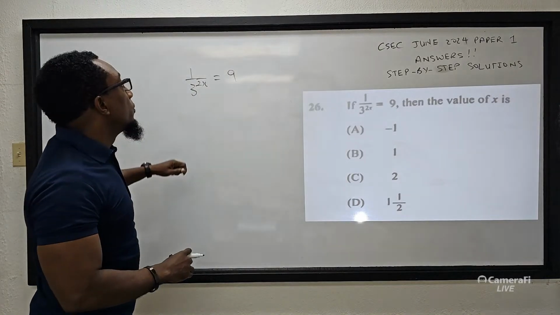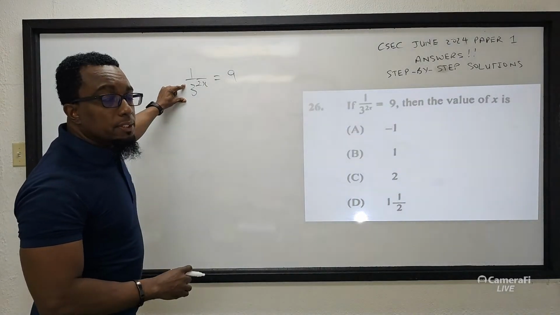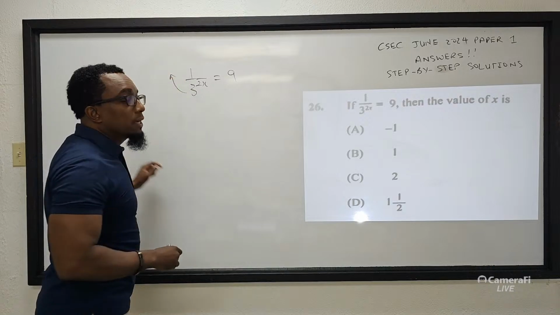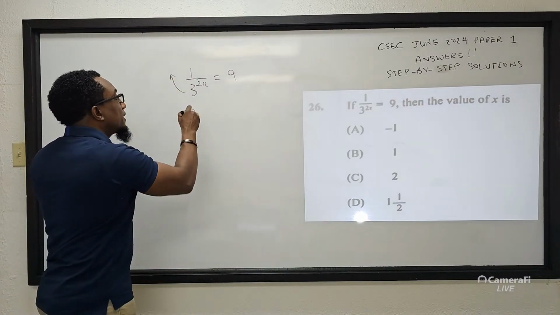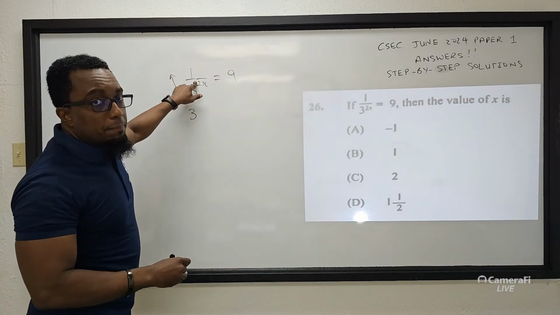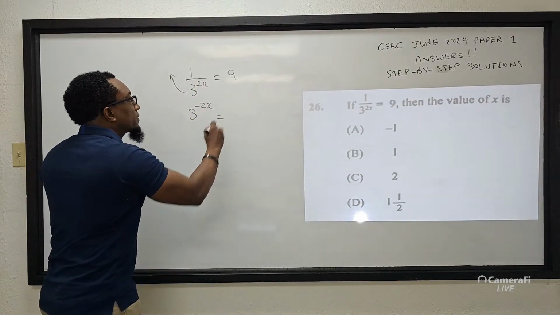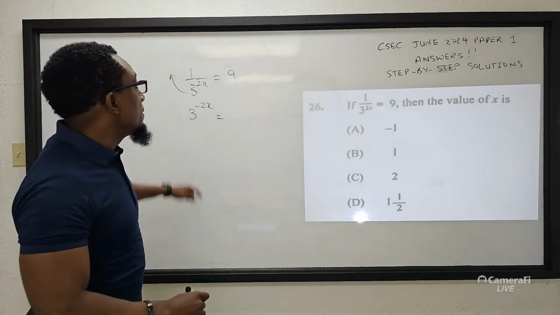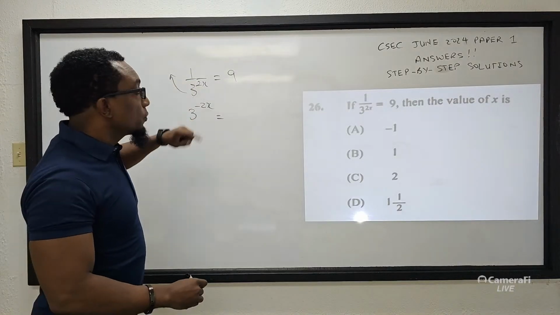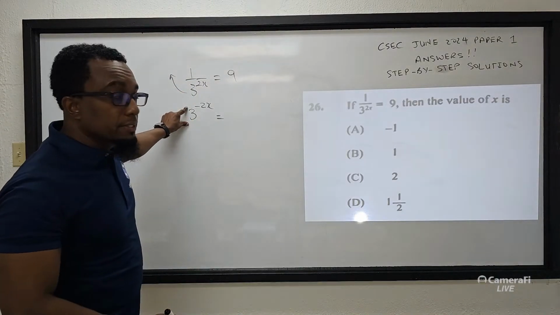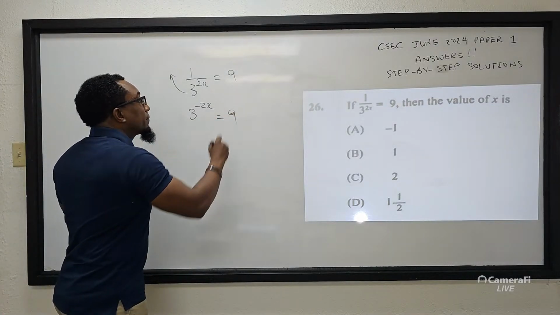So what I can do is remove 3 to the power of 2x from the denominator, and I can bring it to the numerator. When I do so, 3 stays as is, but the index of power, positive 2x, becomes negative 2x. So this is me moving from a positive index to a negative index, moving 3 to the power of 2x from the denominator to the numerator, is equal to 9.